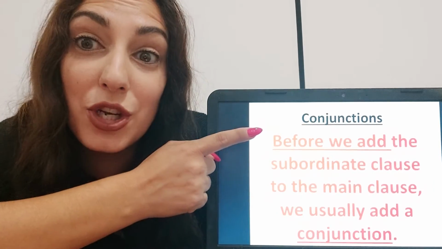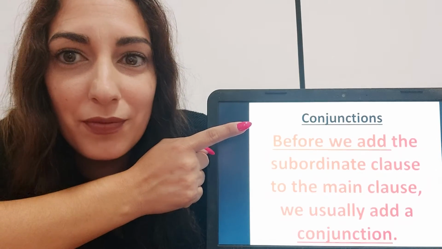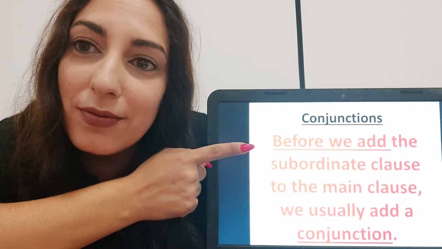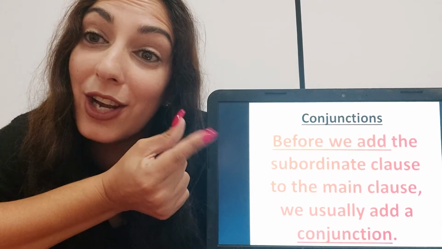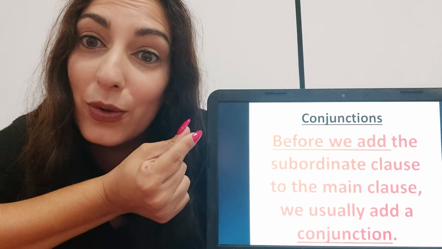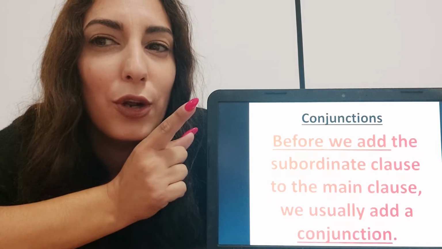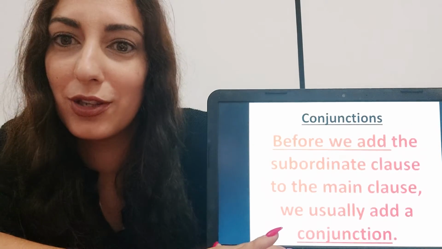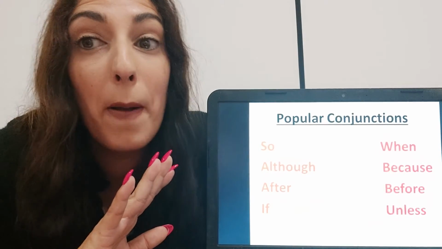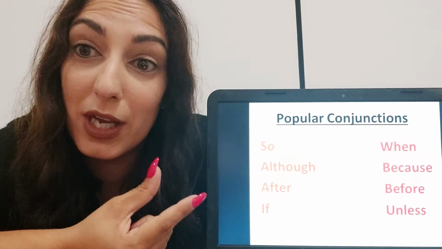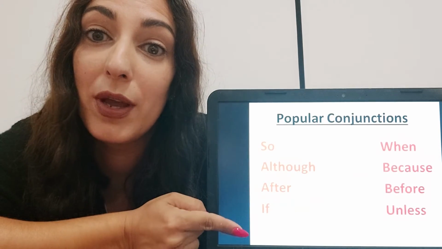A conjunction, which is a linking word, is what we add to the subordinate clause so we can attach it, connect it to the main clause. Let's have a look at some conjunctions. Some very popular conjunctions for main and subordinate clauses to be combined are the following words.